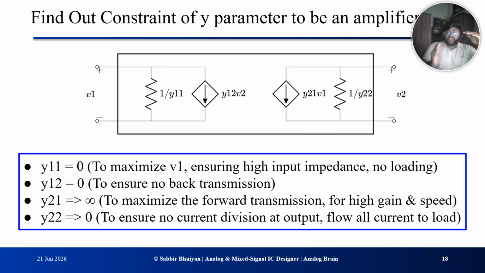All of it flows into the load. No parallel connection, no CLM effect. If you have channel length modulation in your MOSFET, you won't have Y22 equal to 0. So this is the whole answer to the question I opened the video with: any device, regardless of its internal physics, that can be operated such that it satisfies these four conditions qualifies as an amplifier.